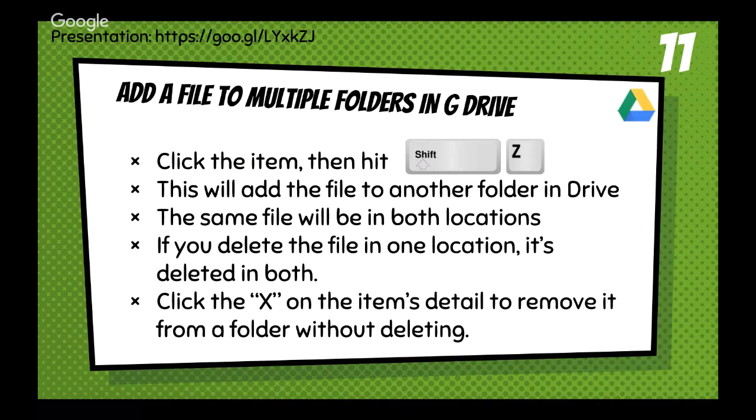So for instance, let's say that file is in 4 different folders. If you click the X on one of the folders, that file will still remain in the 3 other folders. So you can tell it which ones to stay in and which ones to be removed from within that I, rather than just removing the file. Because once again, if you remove the file, then it's removed from every single folder.